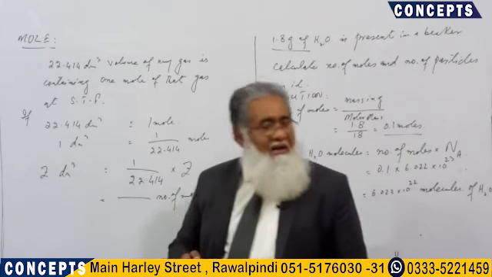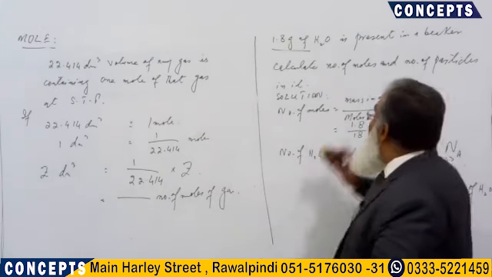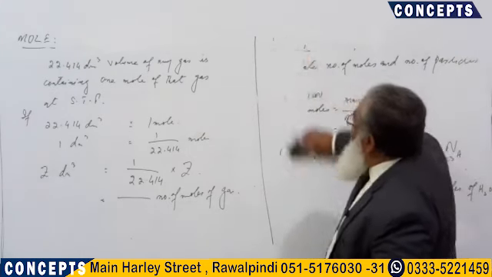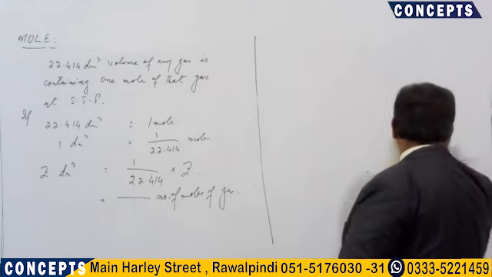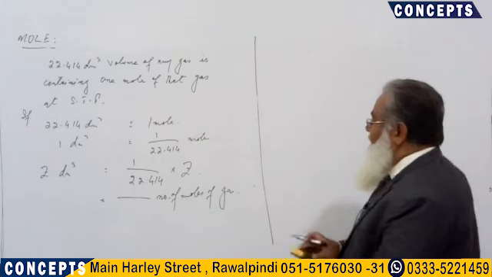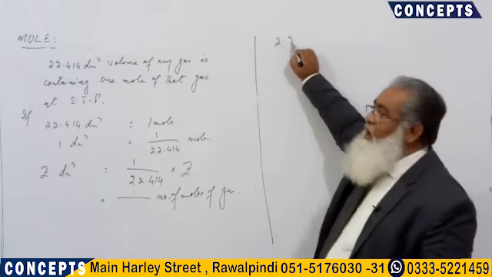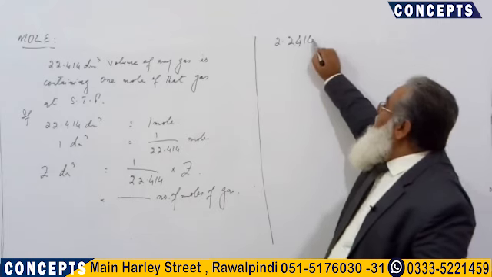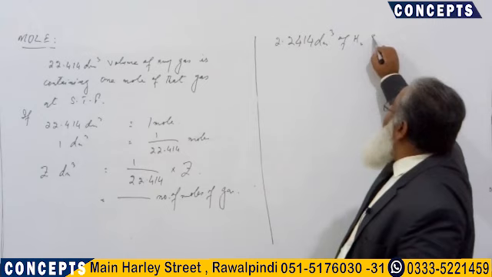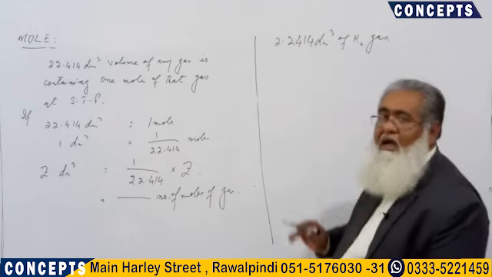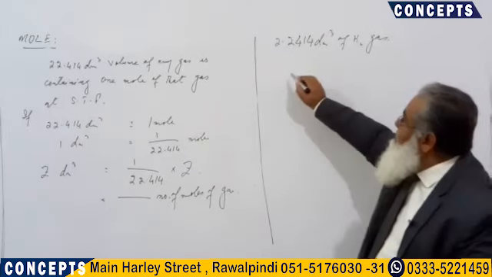Let's apply this formula to find moles of any gas, carbon dioxide gas, let's suppose. If we have 2.2414 cubic decimeter of hydrogen gas, how many moles of this hydrogen gas will be present?